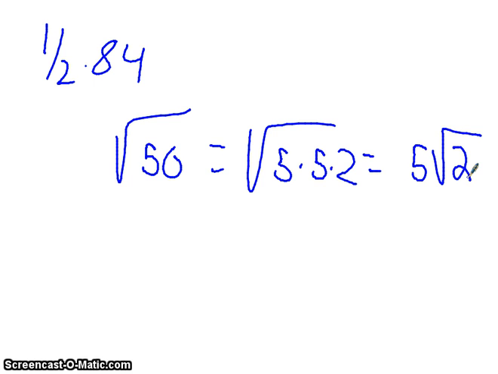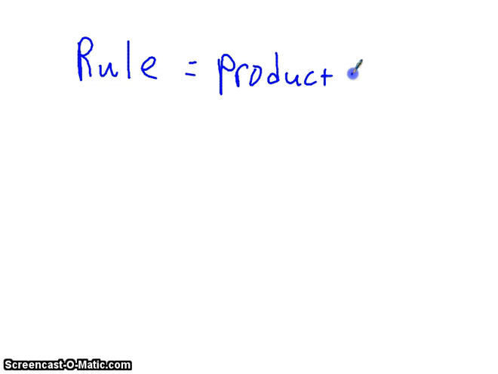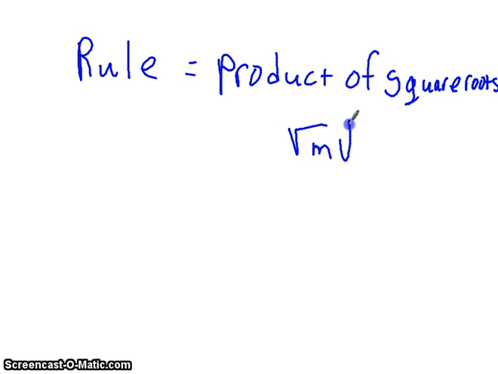Well, the product of square roots rule, the rule for this, is square root of m times the square root of n equals the square root of mn.